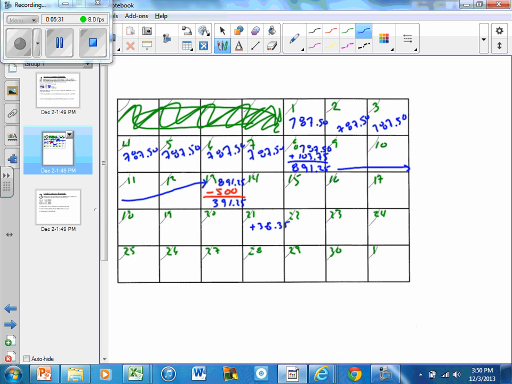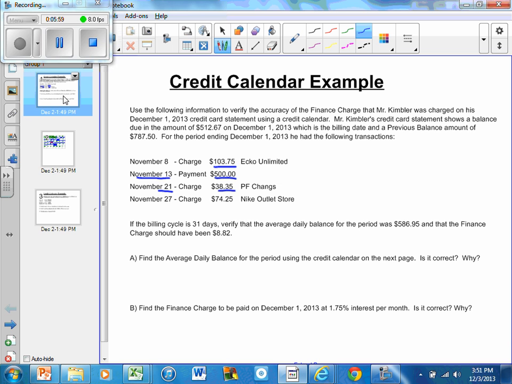We're going to take this balance of $391.25 and drag it all the way over to here, and add $38.35 to it. And we're going to come up with a new balance of $429.60. So our new balance on our credit card is $429.60, which we're going to keep for a while because our next transaction doesn't happen until November 27th, and it's another charge of $74.25 from the Nike outlet store.